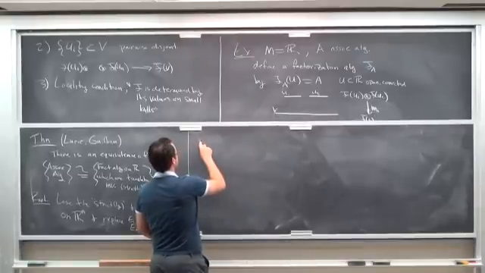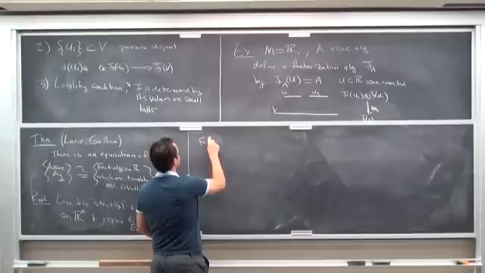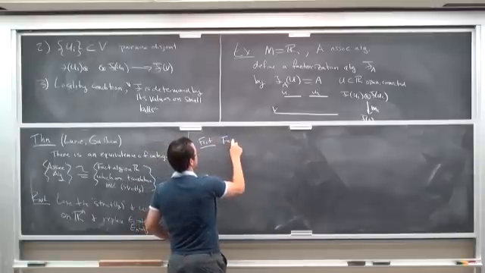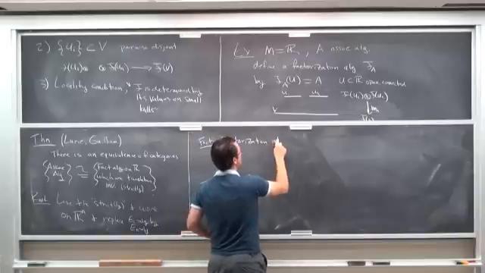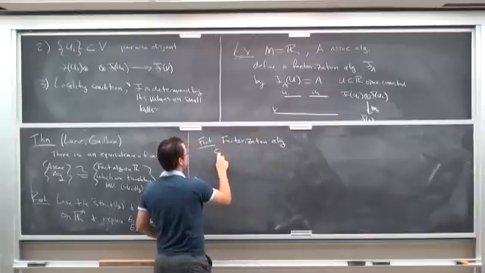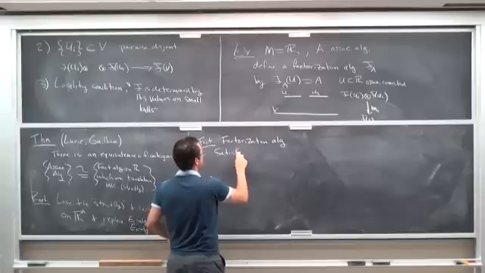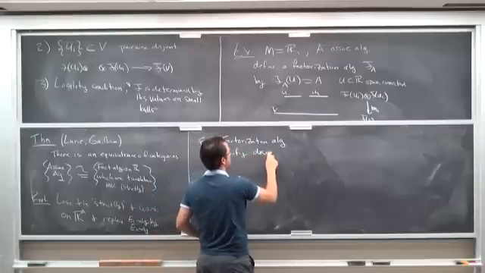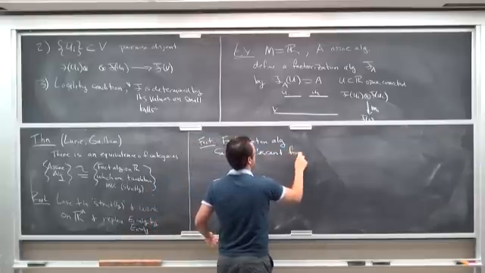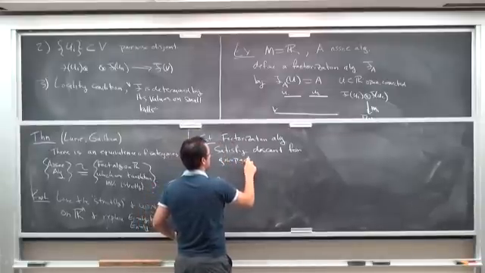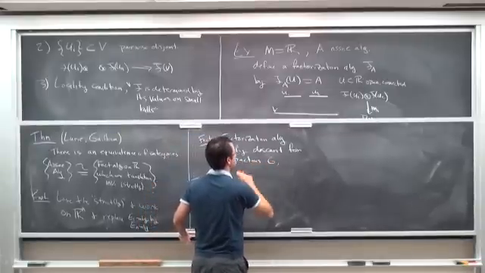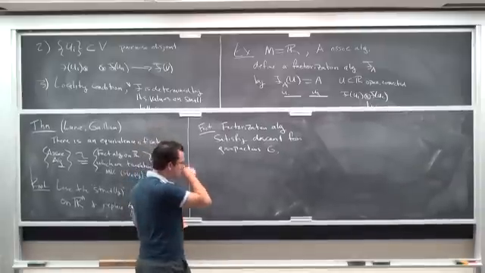So now it's a fact that factorization algebras satisfy descent for group actions. And what do I mean?